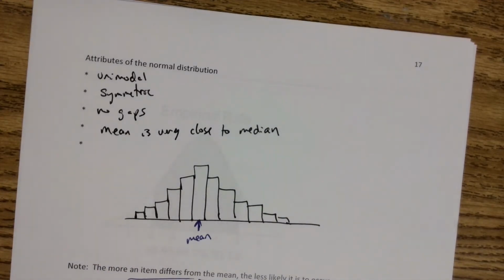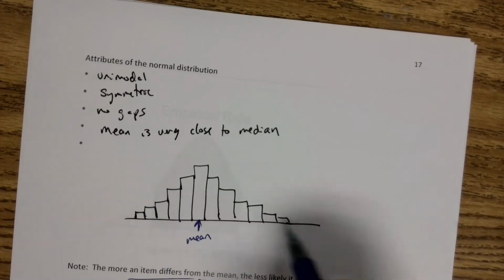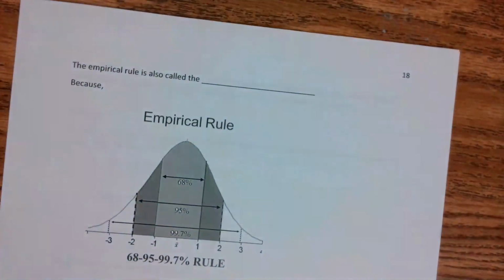Okay. We did standard deviation, right? And it's a way to measure spread, how far out they're spread. Okay. Well, there's something very interesting that happens with the normal model. It's on the next one.